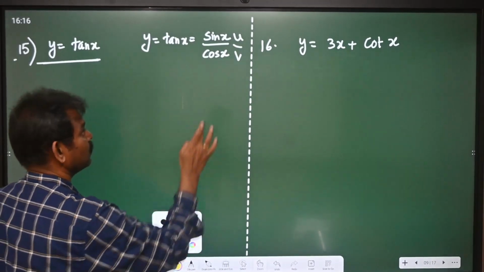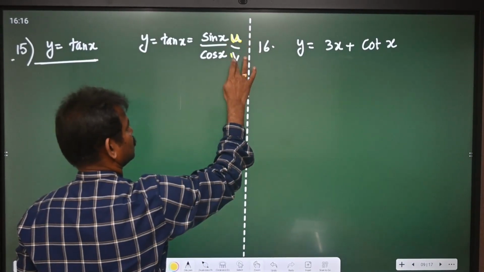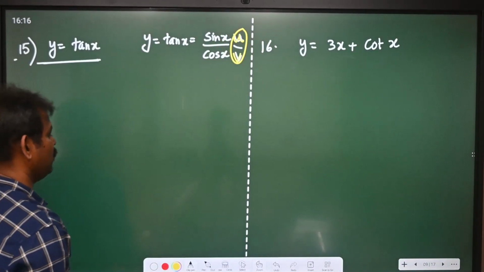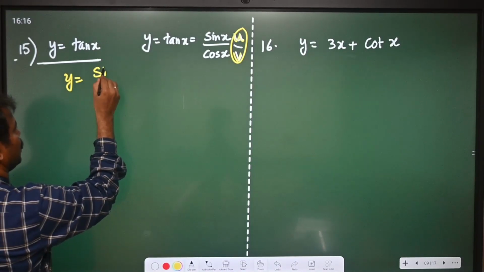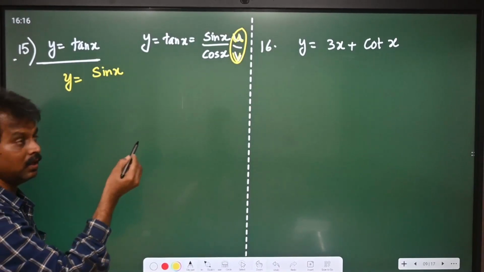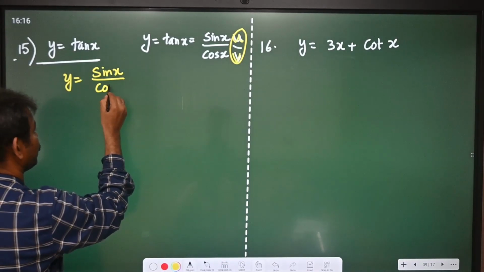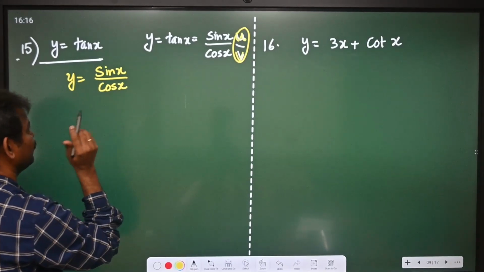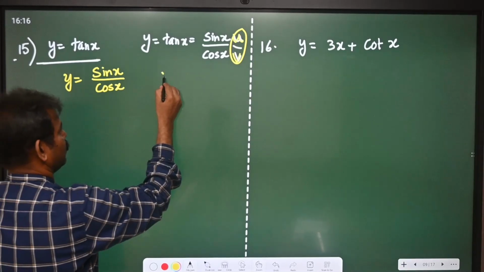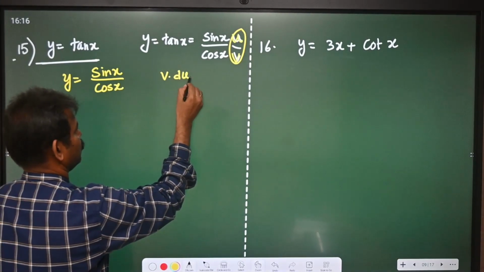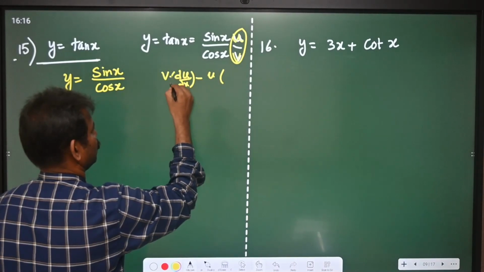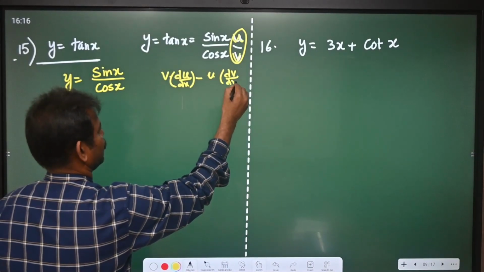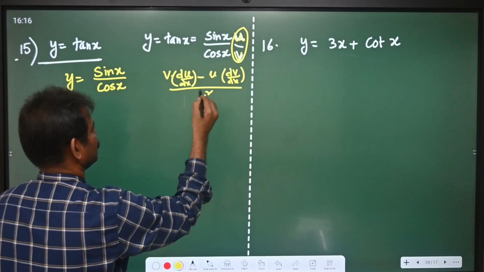So here this is u, this is v. Now the u by v formula: v into du by dx minus u into dv by dx, divided by v square.